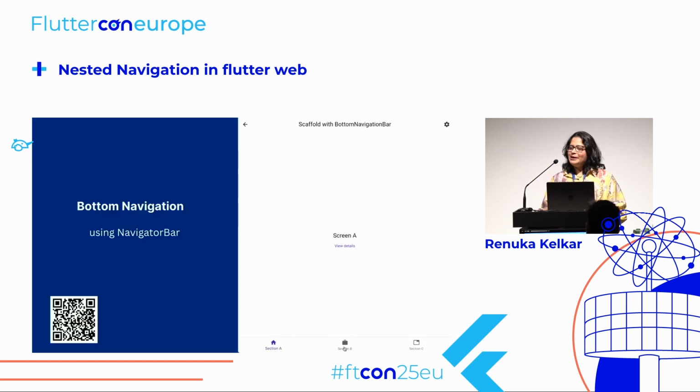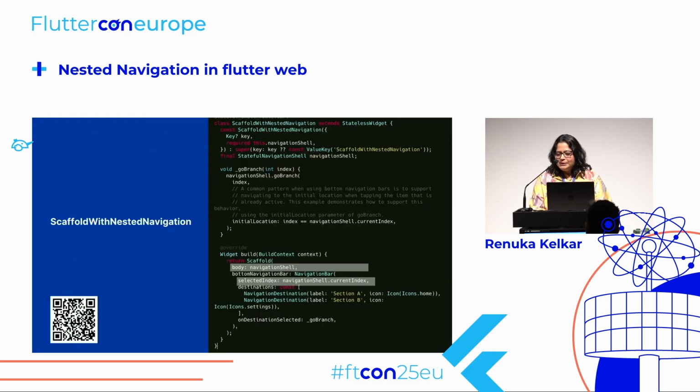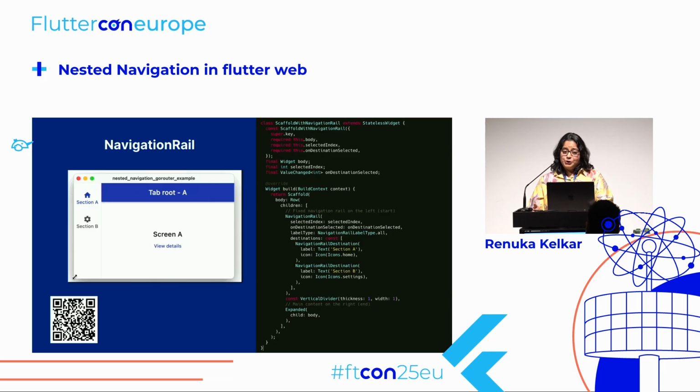I have experimented with so many examples with that as well, and I have created the use case for the navigation bar, how to use this when you use the navigation bar widget. Then I have used it for the navigation rail as well, because sometimes you use these things in your application.